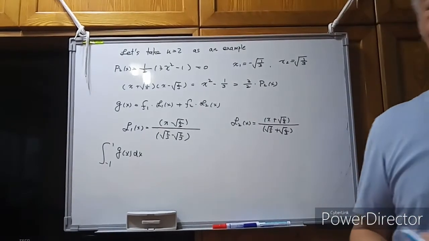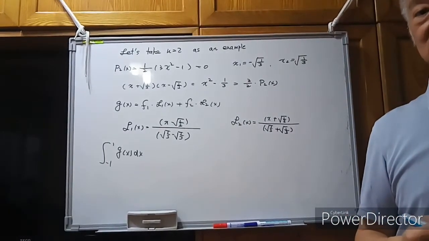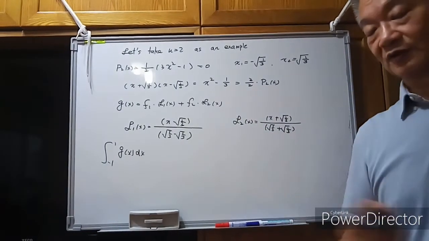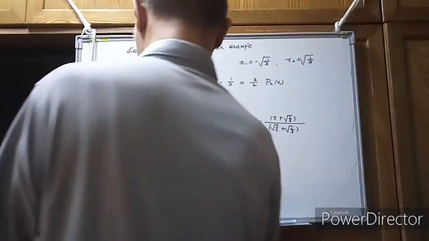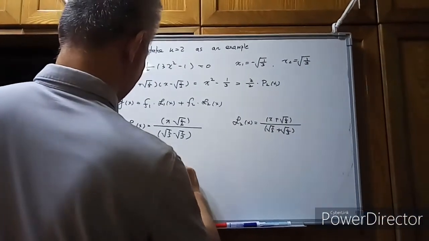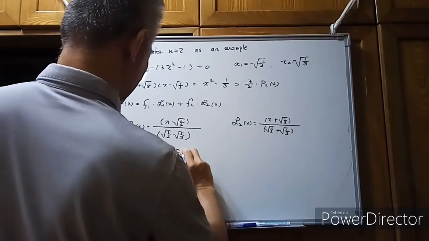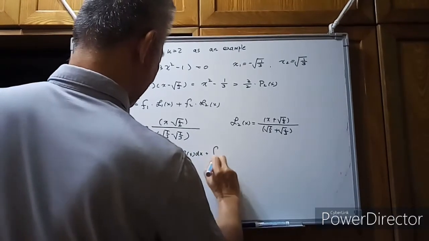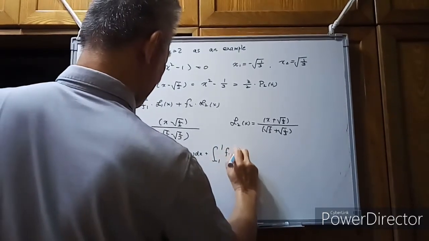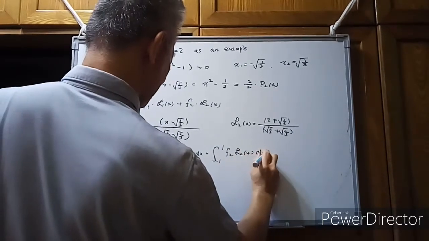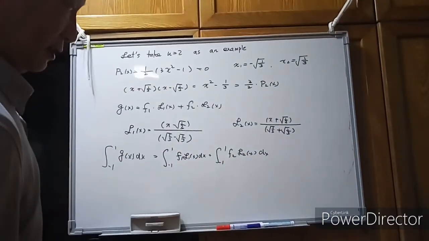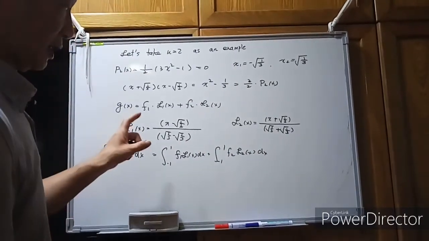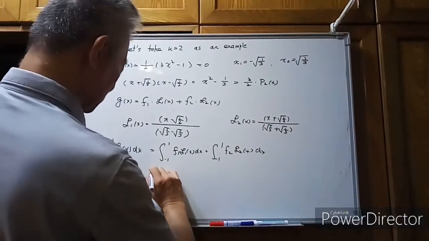The f1 and the f2 are related to the given function f of x. Okay, you will find that the f1 and the f2 are the calculated values, and they are not related to the x.